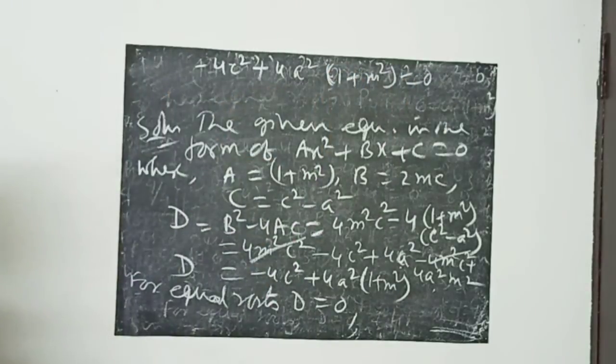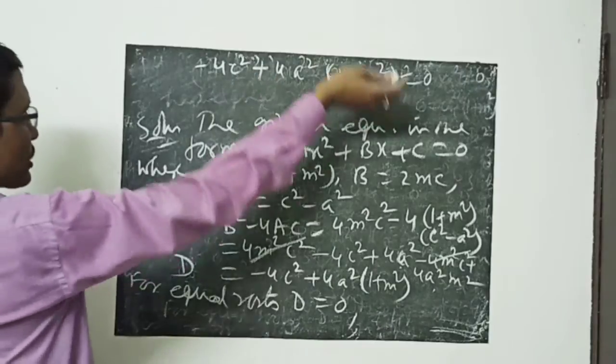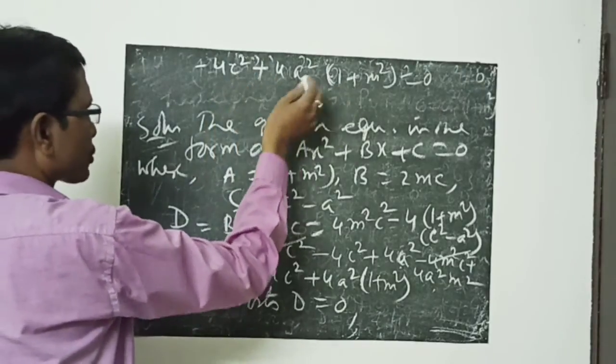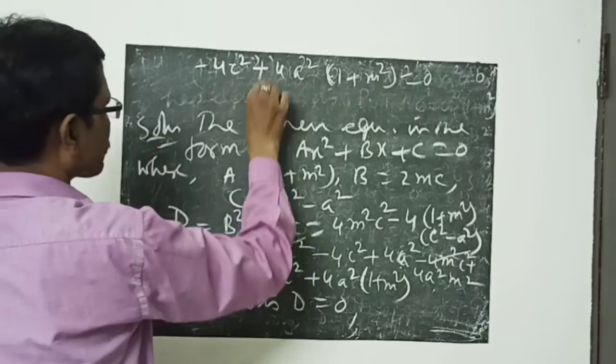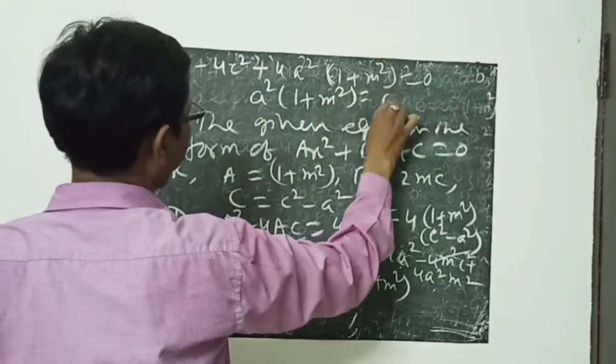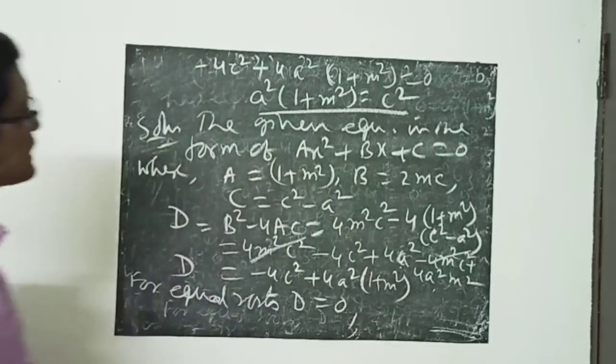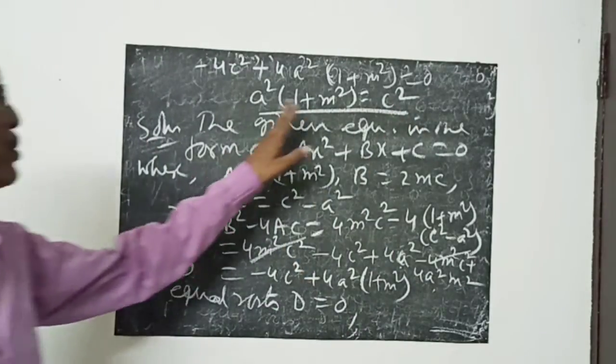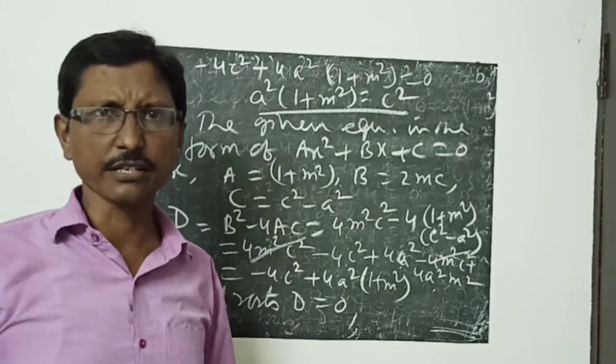Then if we keep that on the other side, 4 will also be cancelled on both sides. So ultimately it is proved, that is, c square equal to a square into (1 plus m square).